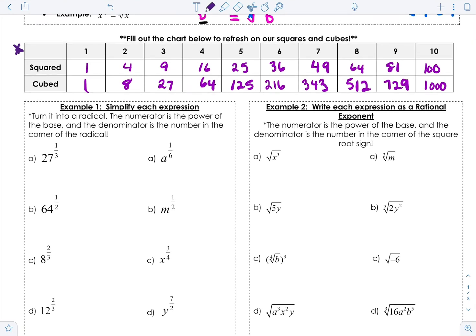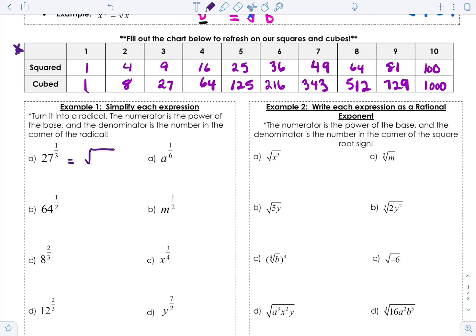For our first example, we're asked to simplify the expression. We're being given these rational exponents, like in part A here on the left. We have 27 raised to the 1/3. What we do here is write it in radical form.